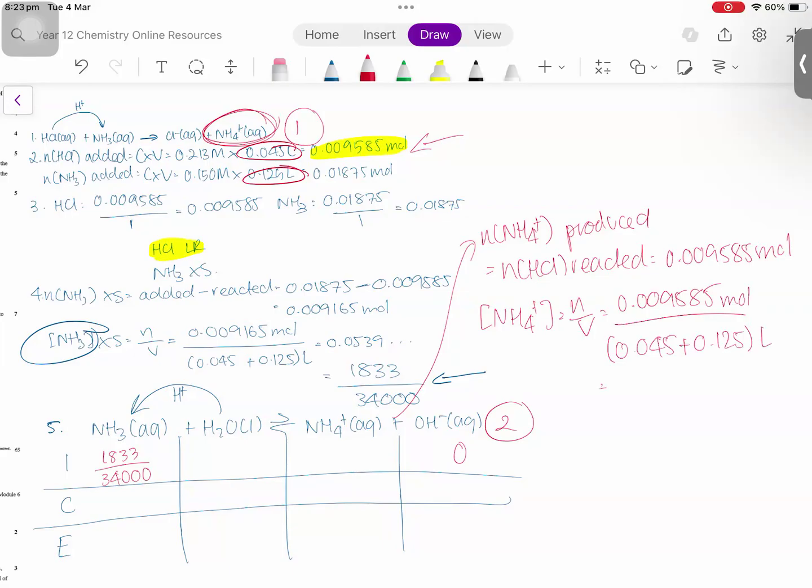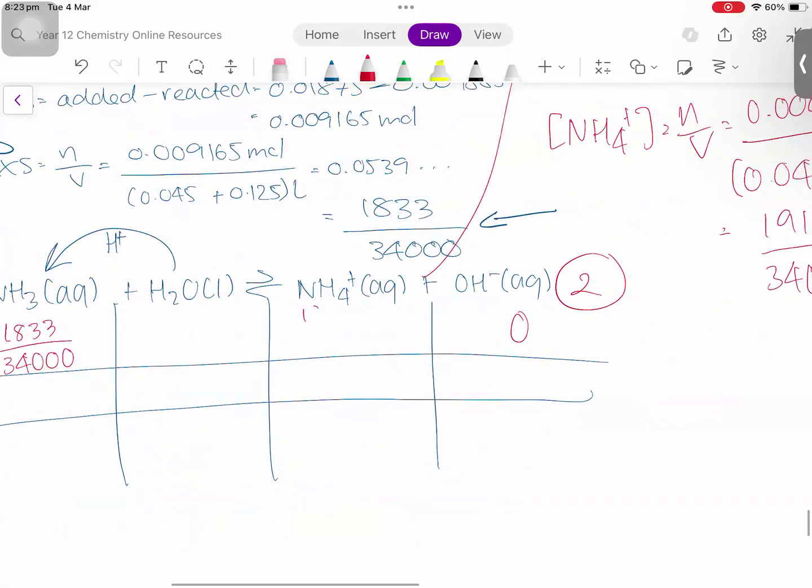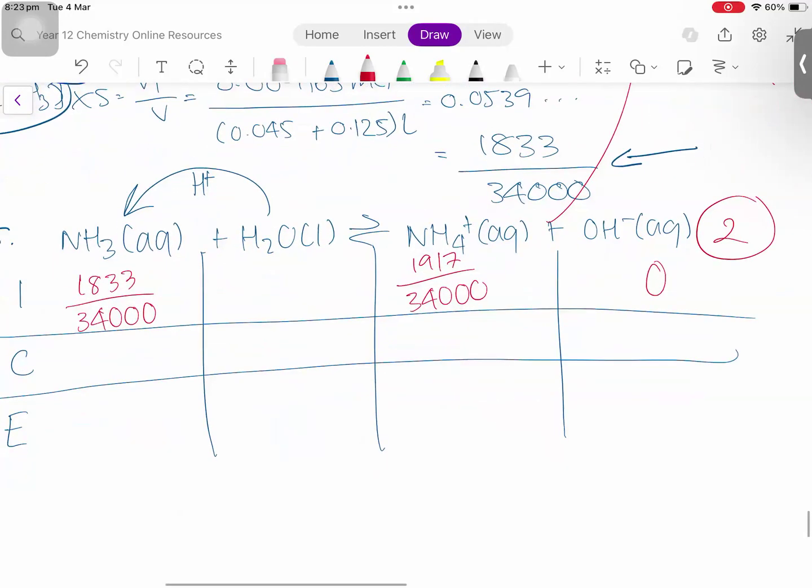What do we get for the concentration of NH4 plus? Once again, a fraction might be easier, so you don't have to store decimals in your calculator. 1917 on 3400. Beautiful. That's the initials in my ICE table.